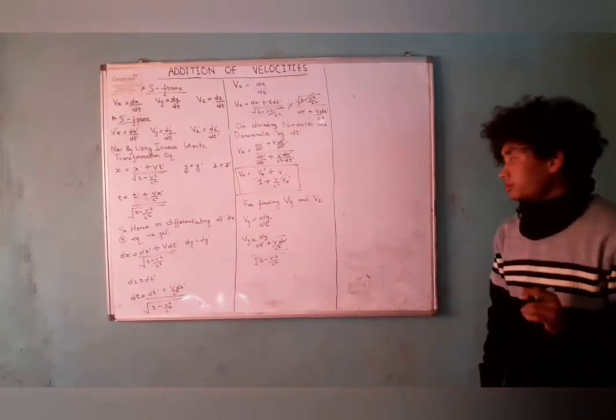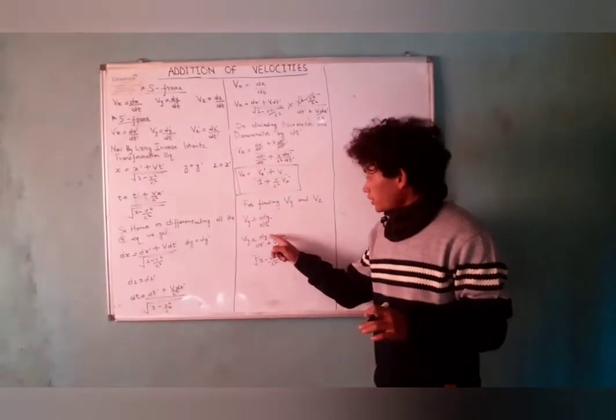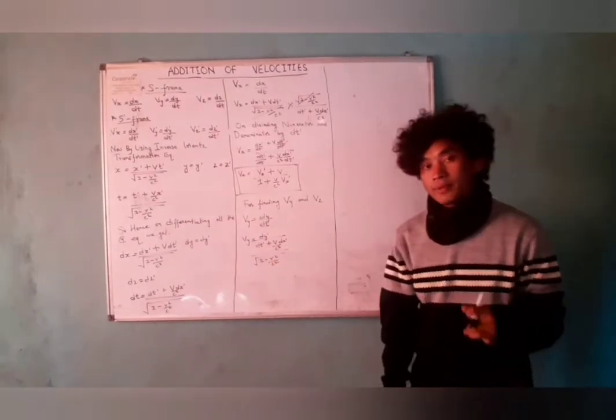Now again what we have to do here is that we have to divide numerator and denominator by dt prime.